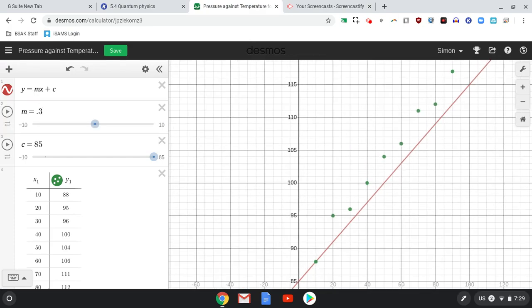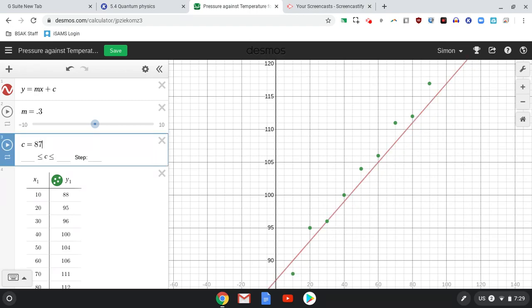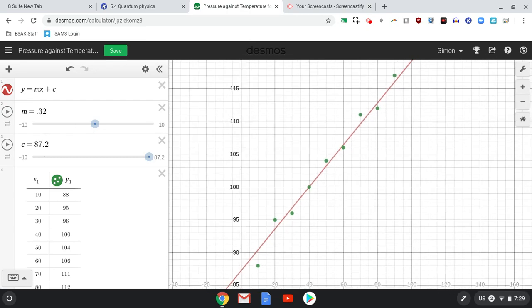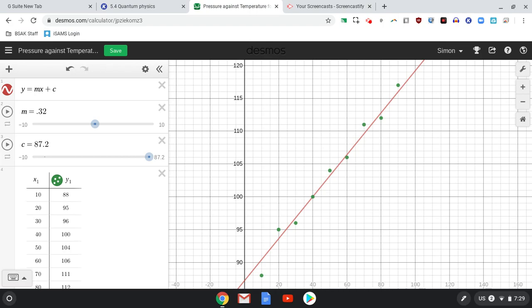Okay, we want the y-intercept to come up. Maybe, boom, that's looking pretty good. Okay, so there is your straight line of best fit.